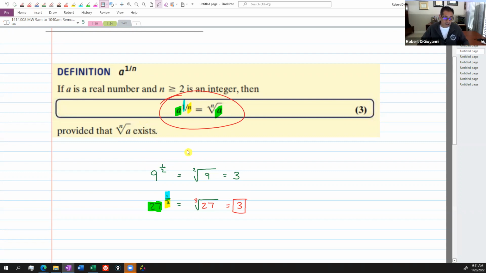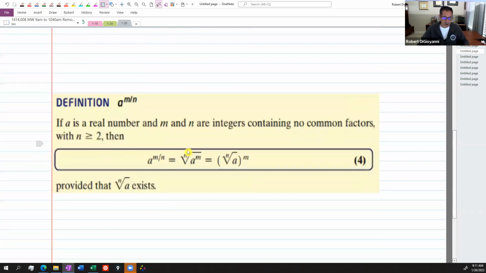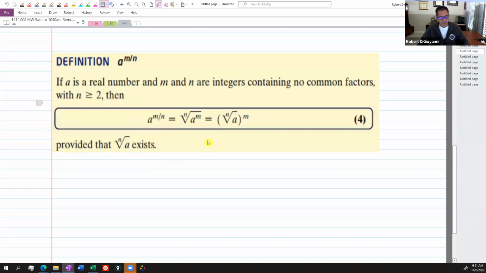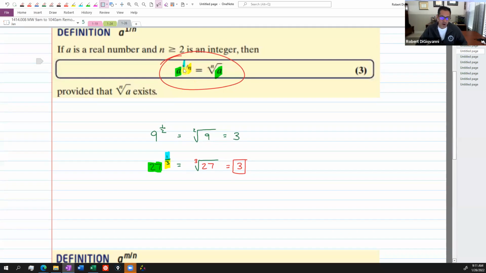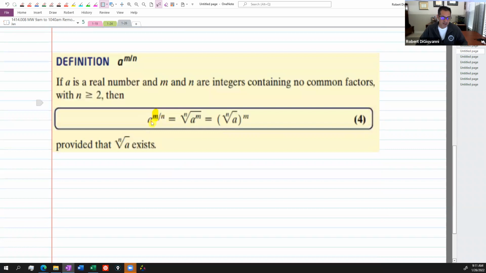Now we can extend this formula just a little bit, but notice this difference. Instead of putting a 1 on top of the n, I'm now putting an m on top of the n. See here, that was a raised to the 1/n. Here it's a raised to the m/n. This is what it's equal to.